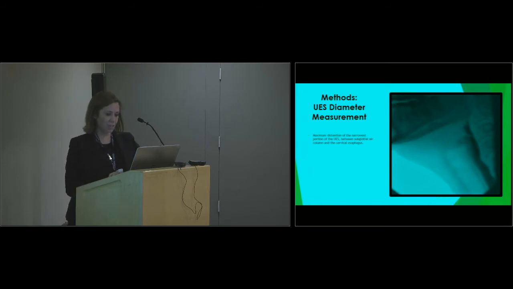Then we looked at the position of the C2 vertebrae as well as the C4 vertebrae and measured the distance between the two. This was used in order to come up with a normalized UES anteroposterior distance. This way we can take into account variations in anatomy of the patient by just dividing the anteroposterior diameter by the vertebral height.